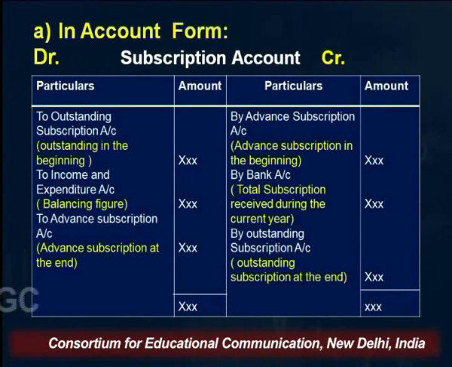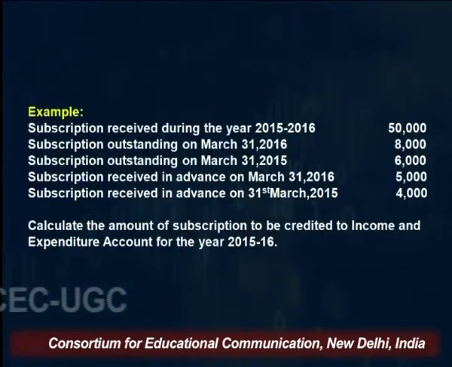On the debit side, advance subscription at the end, the subscription which is related to the next year but received this year, is a liability, and all liabilities will be shown on the debit side of this account. If the credit side exceeds the debit side, the balancing figure will be known as the amount of subscription which will be transferred to the credit side of income and expenditure account.